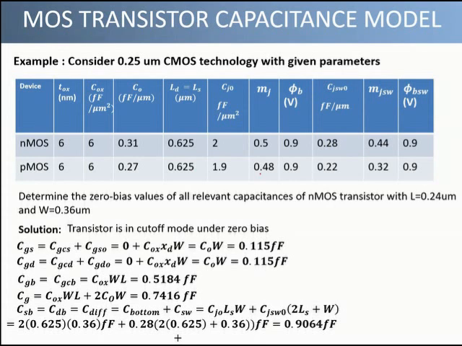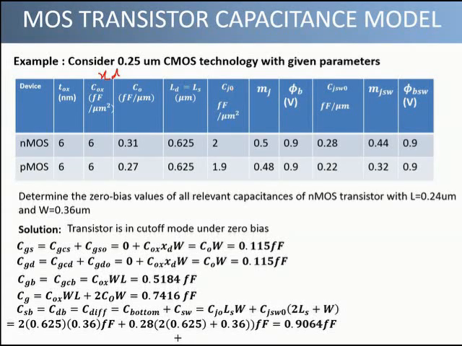Now let us consider an example with physical parameters of 0.25 micrometer CMOS technology, and the important parameters are listed in this table. TOX is the oxide thickness, COX is the oxide capacitance per unit area, it has unit of femtofarad per micrometer square. CO is equal to COX times the side diffusion length XD, so CO is the overlap capacitance per unit length. LD and LS are the lengths of the drain and source PN junction.